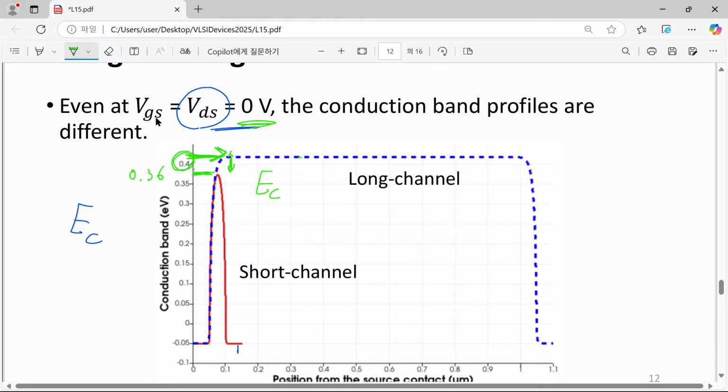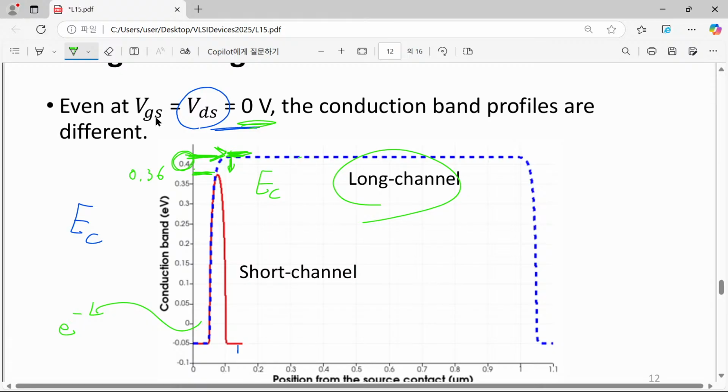So what happens? From the viewpoint of our electrons placed on this source side, previously in the case of the long channel device, the barrier was very high, but by reducing just the channel length, its high ceiling is a little bit lowered. So does it matter or not? Please note that our current conduction is exponentially dependent on this barrier height.